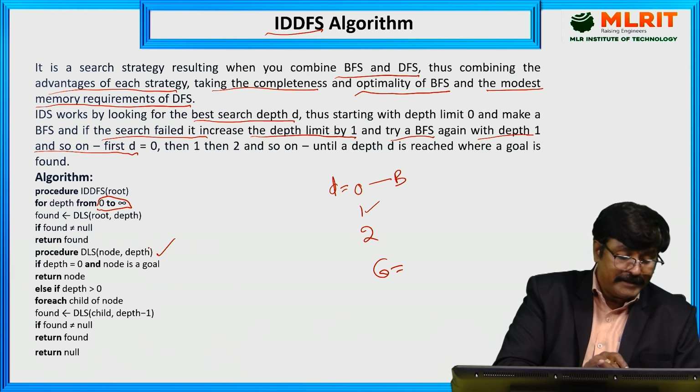If the depth is 0 and the node is a goal, then return the node, you are successful and getting the solution. Else if depth is greater than 0, for each child node, found equals DLS of child and depth minus 1. If found is not null, return found; otherwise return null if you are not getting the solution.